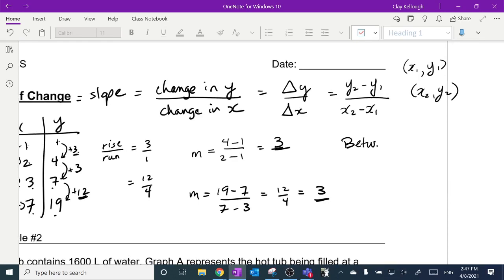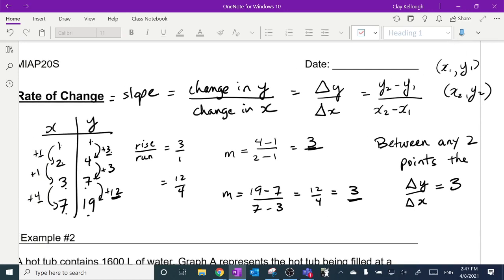Between any 2 points on this piece of data, the delta y over delta x, the change in how much it goes up and down divided by the change in how much it goes left and right, is always 3. So I actually know that this would be y equals 3x.